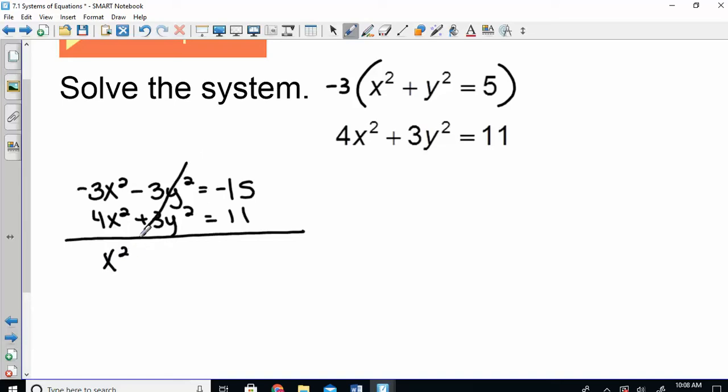Add negative 3x squared and positive 4x squared is just x squared. Those cancel. Negative 4. How do you get rid of a square? Square root, plus and minus. What is the square root of negative 4? 2i.